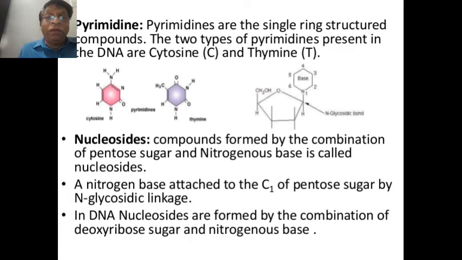A nitrogen base is attached to the C1, that is carbon 1, position of pentose sugar by the formation of a special type of bond or linkage called N-glycosidic bond.